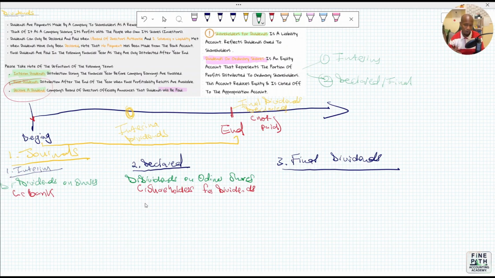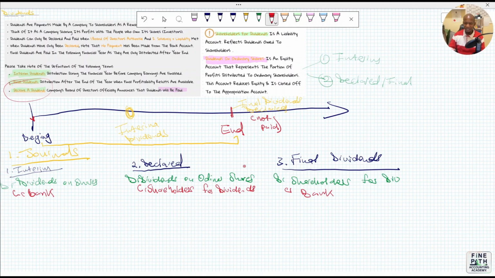Again, what happened? We've made a payment. Why? Because we were owing our shareholders some dividends. Since we no longer owe those shareholders dividends, we will need to debit our shareholders for dividends account. And then we will need to credit bank because we've made payment. So this is bank, money paid.